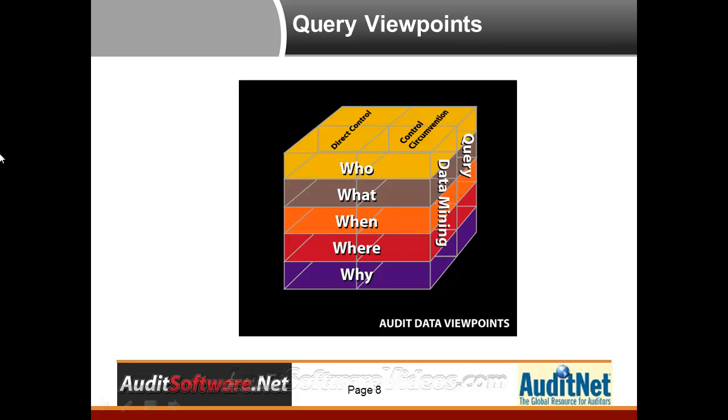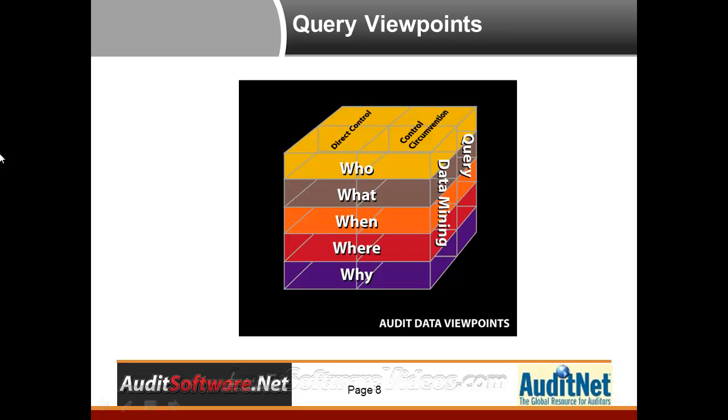And I think just explaining the top of this cube, there's direct control, which is basically you're auditing the control itself, be it, for an example, do we have any duplicate payments in the system? So, when we summarize things by invoice number and vendor, do I have any things that are more than one?